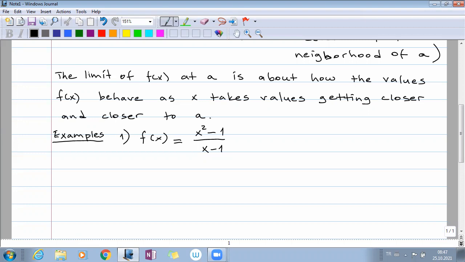With this definition, f is not defined at the point x equals 1, because x equals 1 makes the denominator 0. Yes, it also makes the numerator 0, but as long as the denominator is 0, the value doesn't belong to the domain. So the point x equals 1 doesn't belong to the domain of f, but it is defined everywhere else.